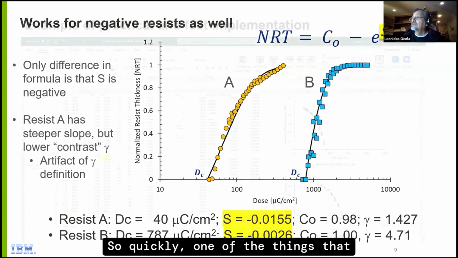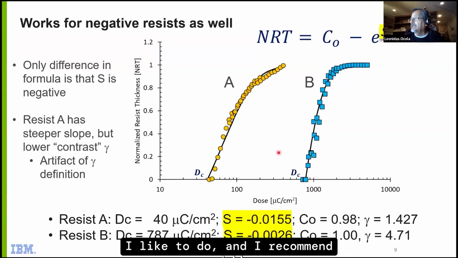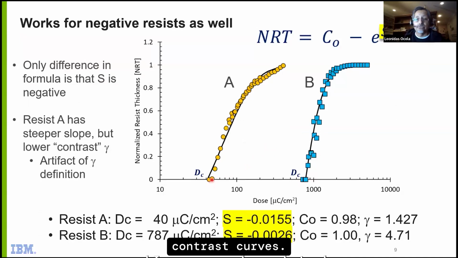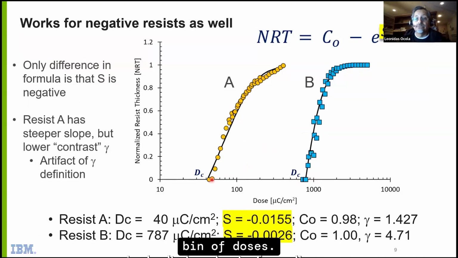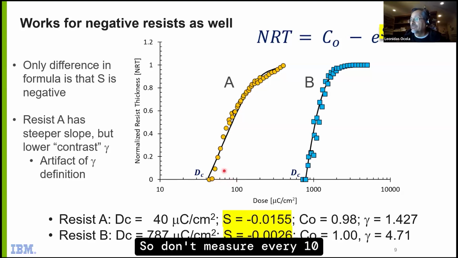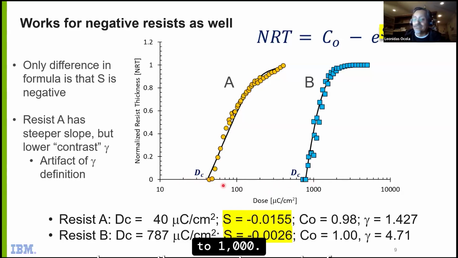Okay, so quickly, one of the things that I like to do, and I recommend people to do when they're doing contrast curves, is don't do a brute force linear bin of doses. So don't measure every 10 microcoulomb, because then you're going from, let's say, this regime to 1,000. It's going to take you forever in terms of data.